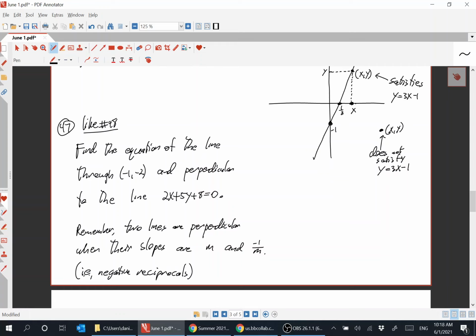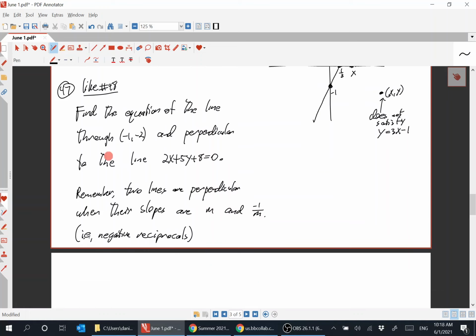Okay, so we would be in business, you know, we could just apply the point slope form, because we got a point. We could apply the point slope form formula for the line if we knew the slope. But we don't know the slope because we don't see the slope of that line. You can't see it until you put it into the slope-intercept form.